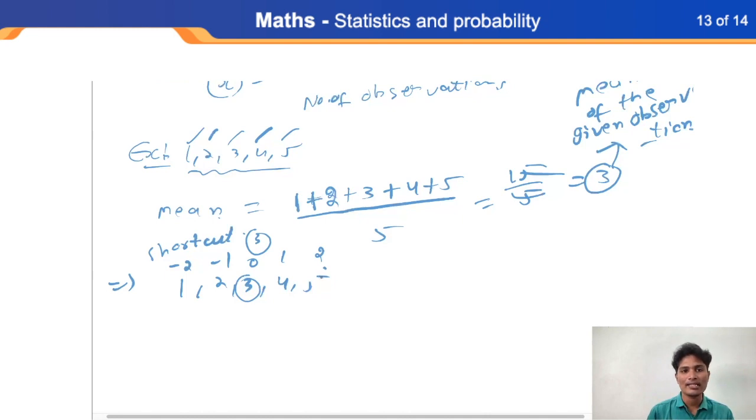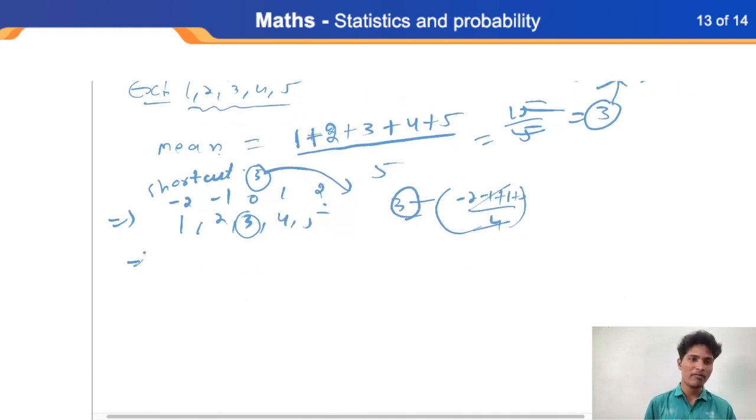Add these entire things. We have to add this summation to the assumed mean. How many remaining values? Minus 2, minus 1, 1, 2, divided by 4. So the answer is 3.